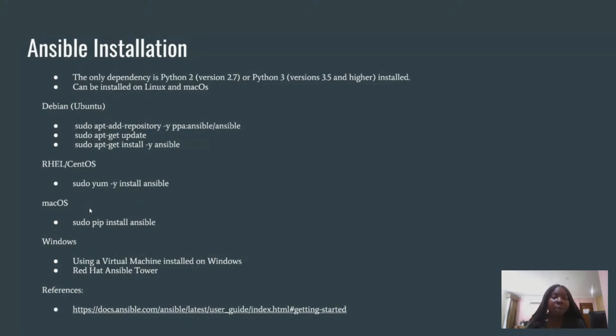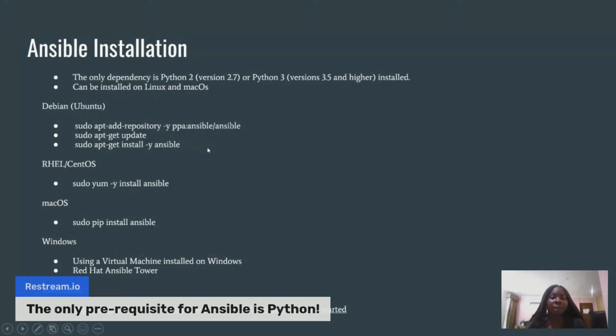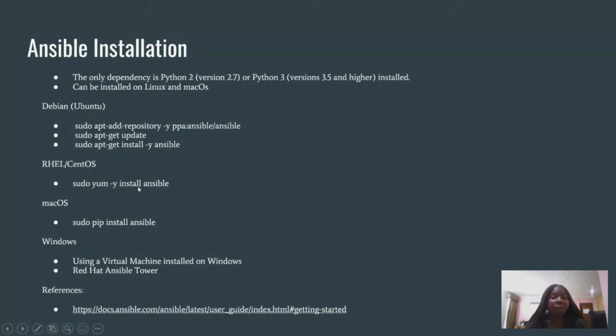It can be installed on Linux and Mac OS. For Linux, you have the different distributions. If you're running Ubuntu, these are the commands you would run to install Ansible. Very easy, three lines of command. If you're running CentOS, one line of command. If you're running Mac OS, just one line.